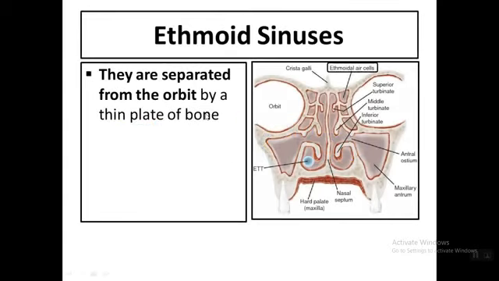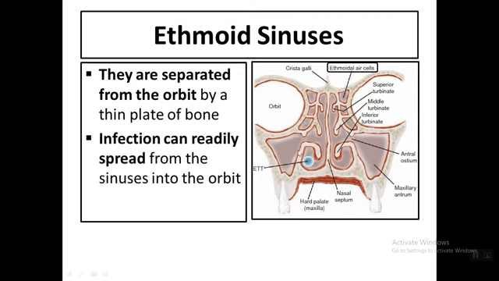Another important note: the ethmoid sinuses are separated from the orbit by a thin plate of bone. Therefore, infection can readily spread from the sinuses into the orbit.